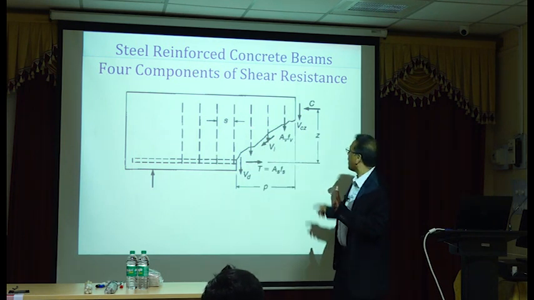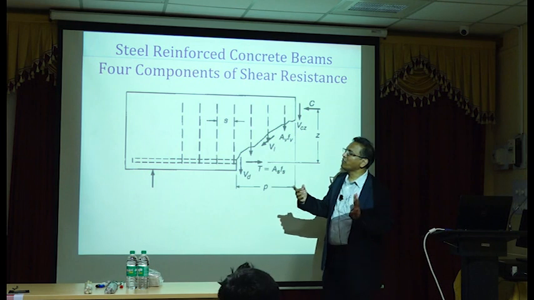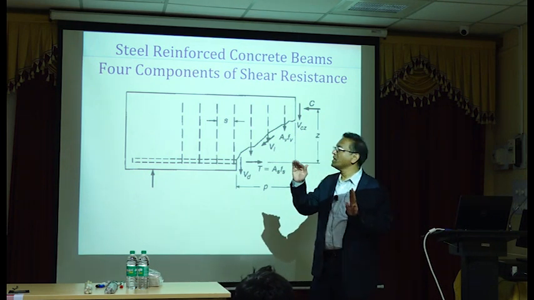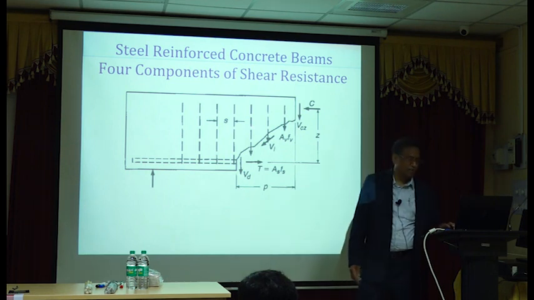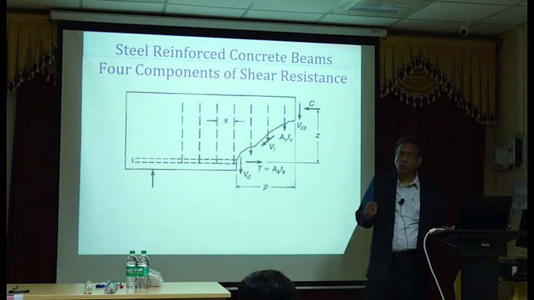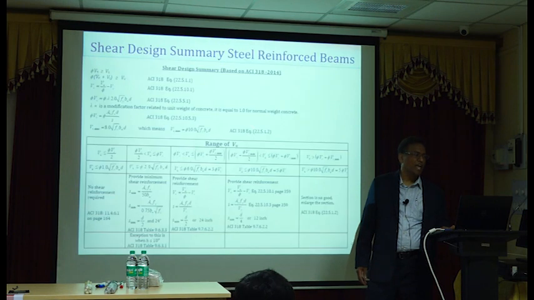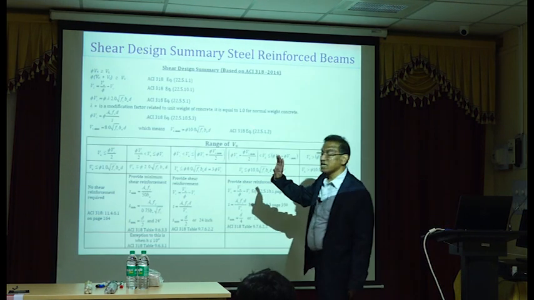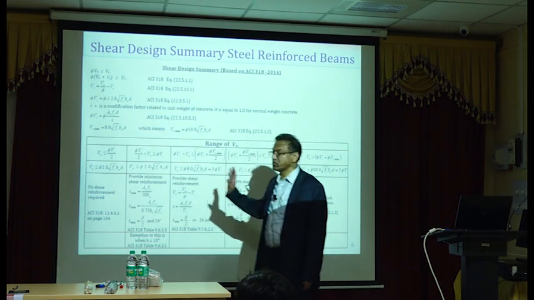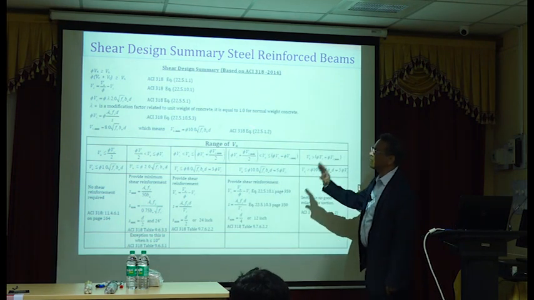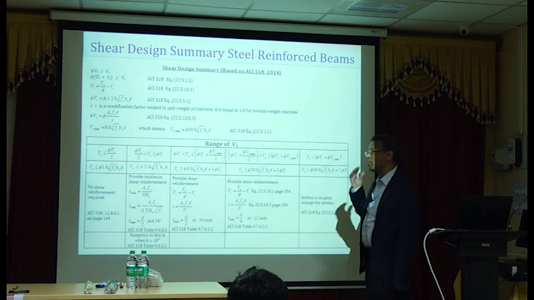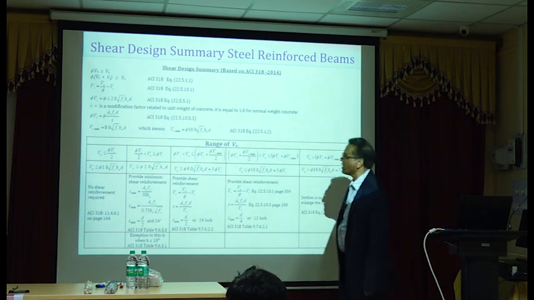All these 3 are combined, and from test results they came up with a simple expression, which is VC for steel reinforced concrete. VC equals 2 times square root of f prime c. Of course, that's in psi units. We'll talk about SI units in a minute. These numbers are very convenient to remember. That's the reason we keep it that way.